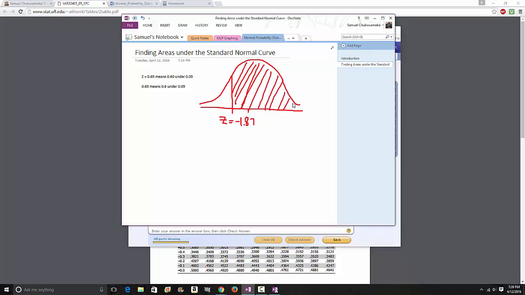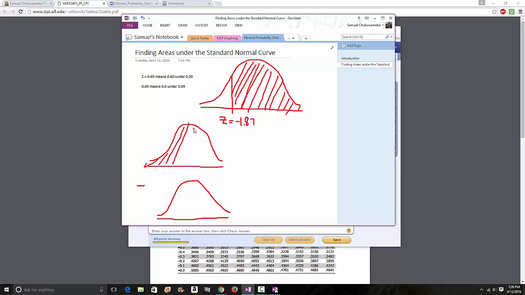Now, I want you to visualize this. I'm gonna draw 2 things here. This whole area minus, I'm gonna draw another one here, and I want you to kind of visualize it. If you're a visual learner, this will make plenty of sense to you.